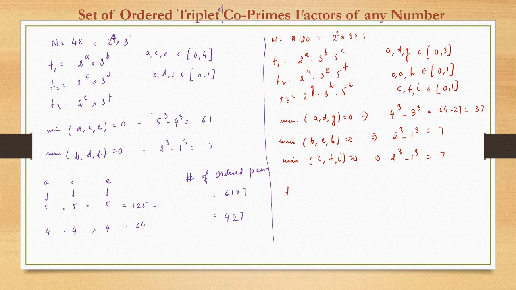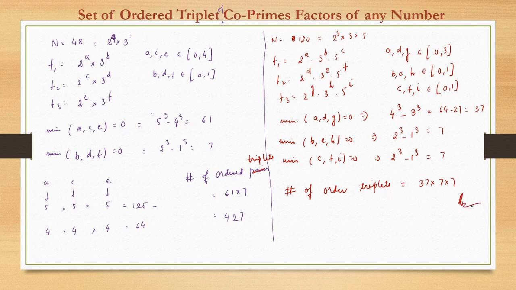So the number of ordered triplets is nothing but 37 into 7 into 7. Whenever the number of terms required is 3 or more, it's always ordered. We cannot get unordered. So this is the required answer.